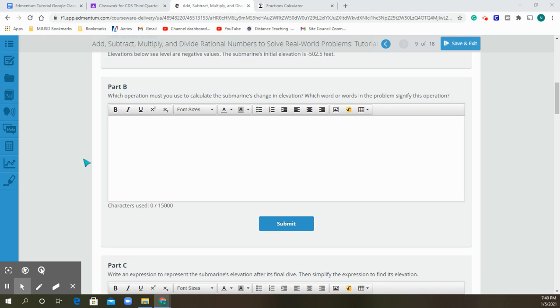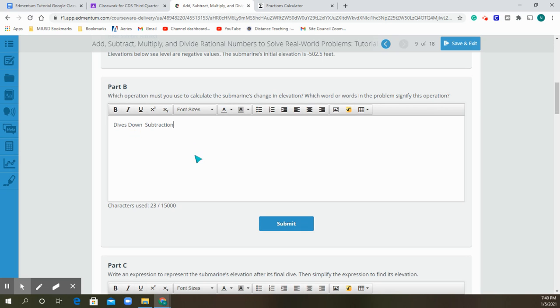Dives down, dives and down helps me understand that the change is subtraction. Which words in the problem signify this operation?